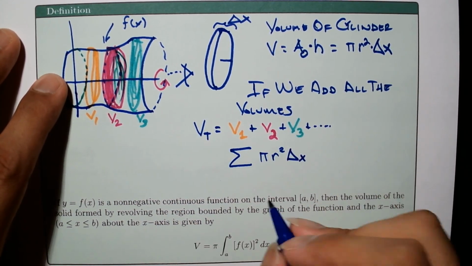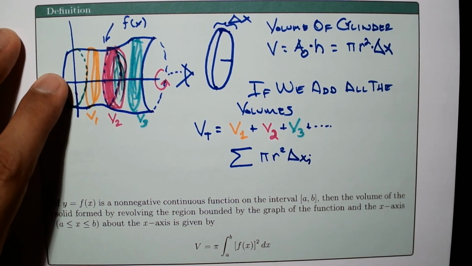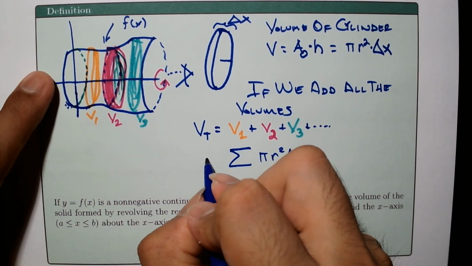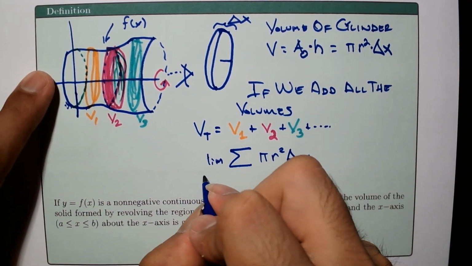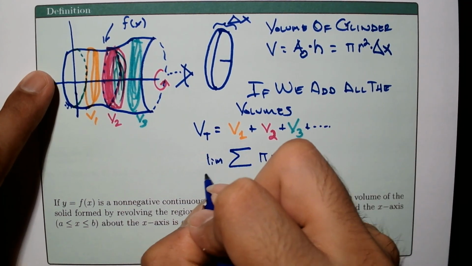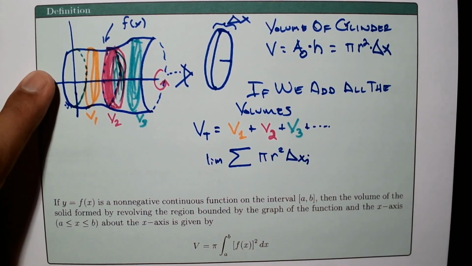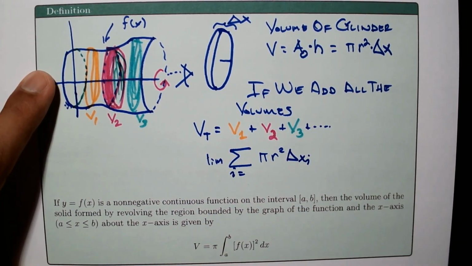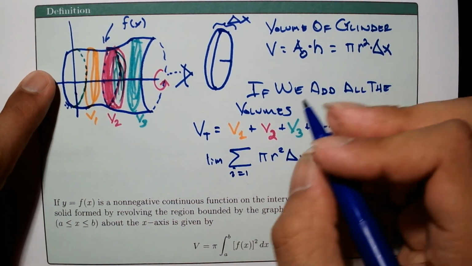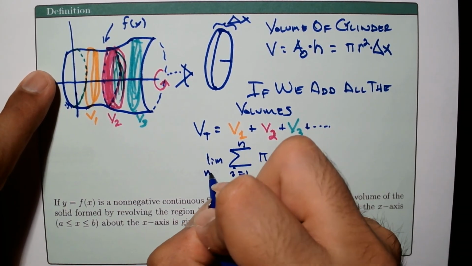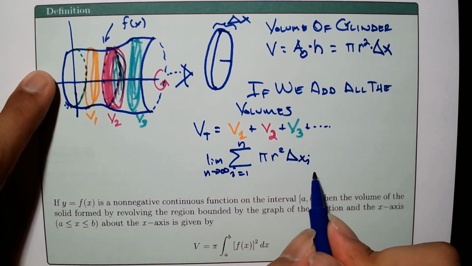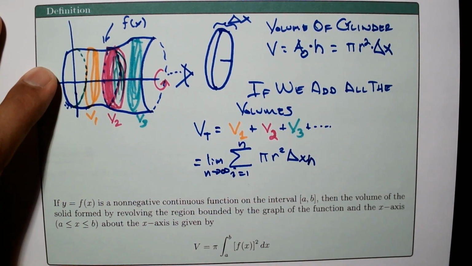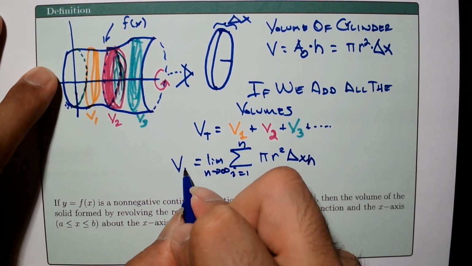In this case, let's call it x sub i, which is the ith disk, the ith volume. If we take a limit, from i equals 1 to n, with n being infinity, that's going to give us the volume of the solid.